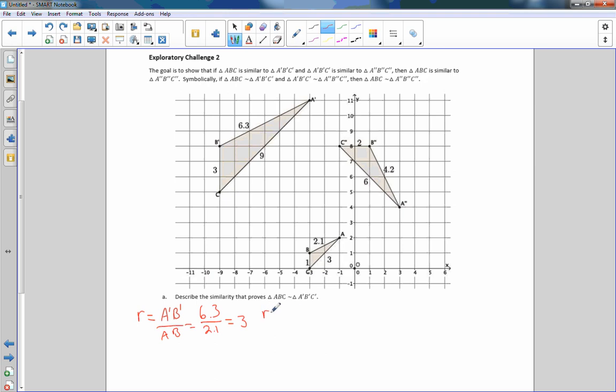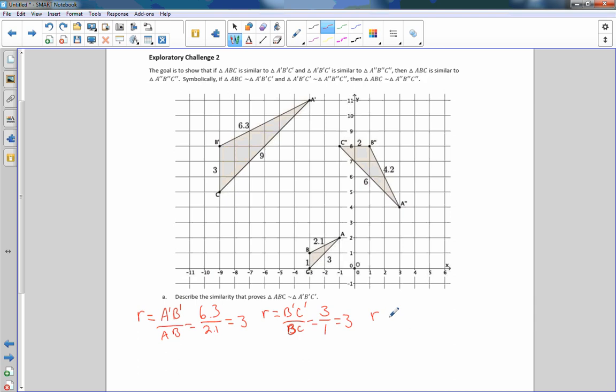I'm also going to do the other two. So if I do B prime, C prime divided by BC, B prime, C prime is 3. BC is 1, and 3 over 1 is also 3, so they're the same.